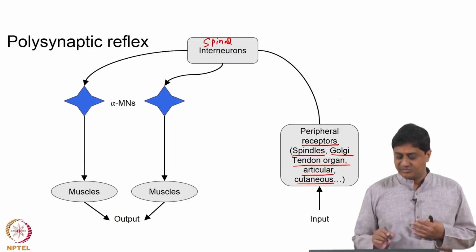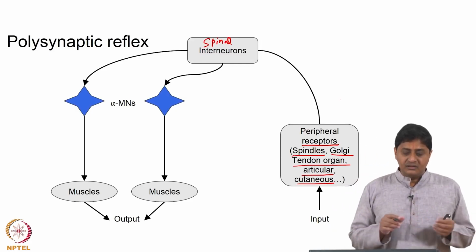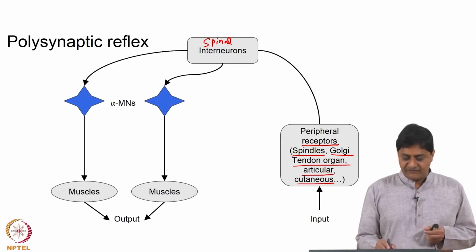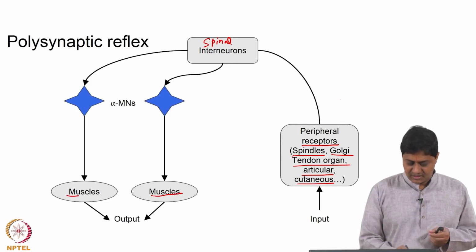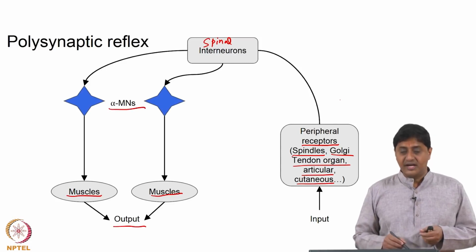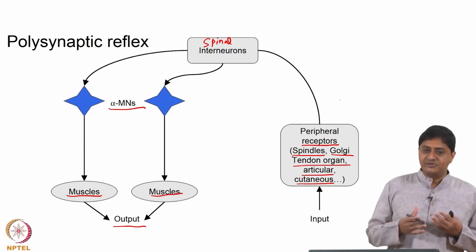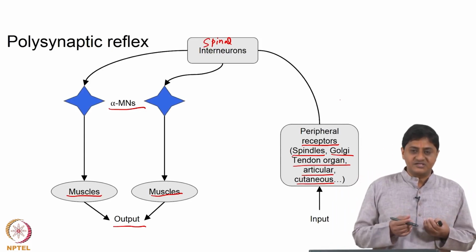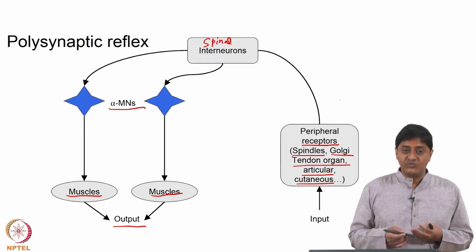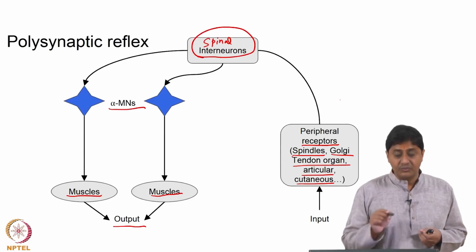I am just calling them spinal interneurons, and depending on the situation it could excite different muscles or alpha motor neurons of different muscles producing an output. In the previous cases we were able to describe the input output relationships with relative ease. In this case it is way more difficult to do that, because it is not clear what these things do.